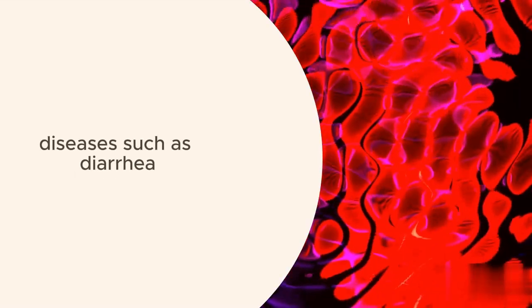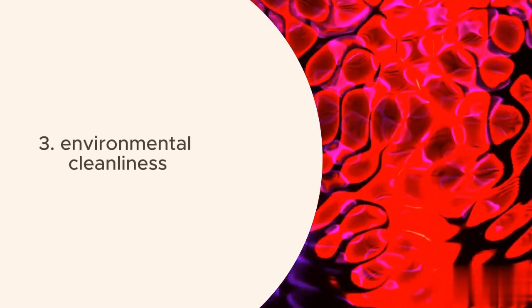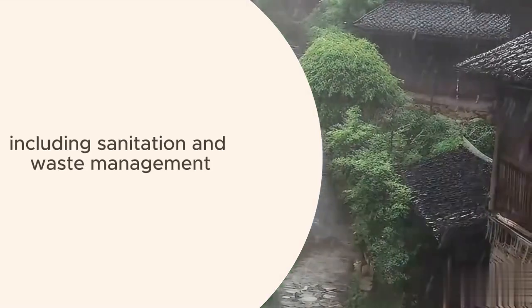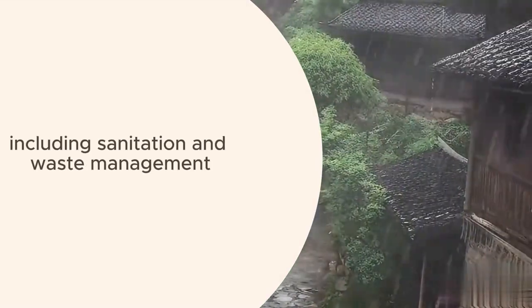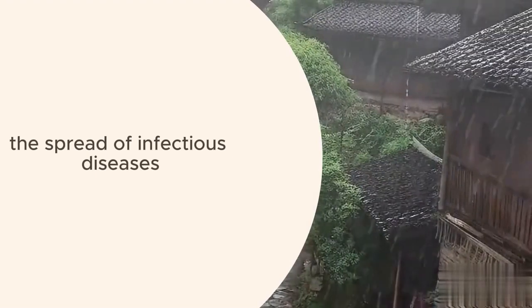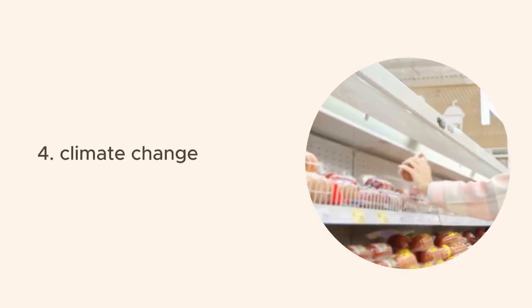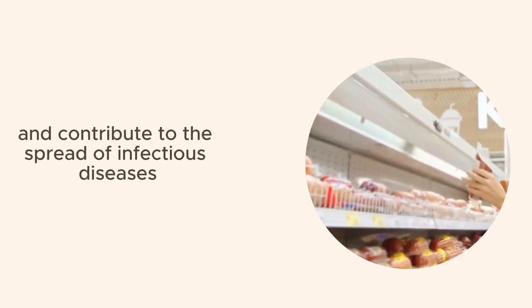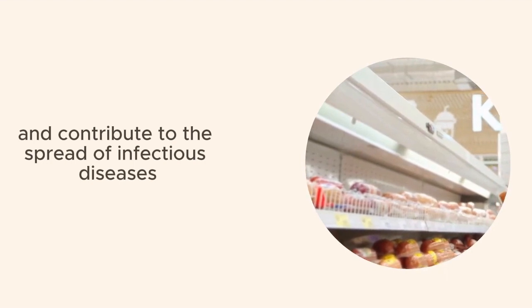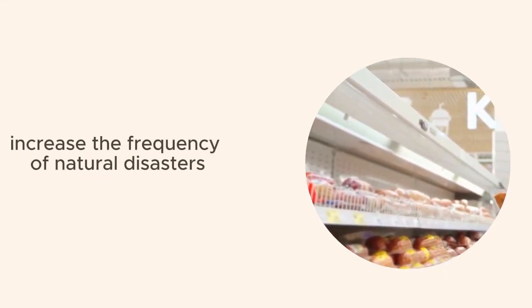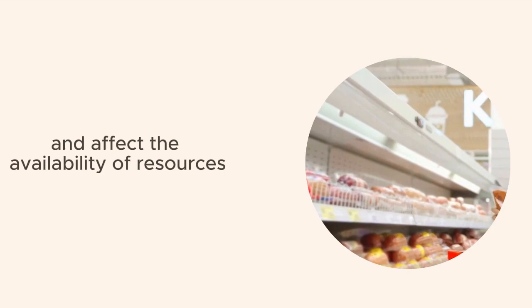Diseases such as diarrhea. 3. Environmental cleanliness. Environmental cleanliness, including sanitation and waste management, plays a role in preventing the spread of infectious diseases. 4. Climate change. Climate change can contribute to the spread of infectious diseases, increase the frequency of natural disasters, and affect the availability of resources such as clean water and food.